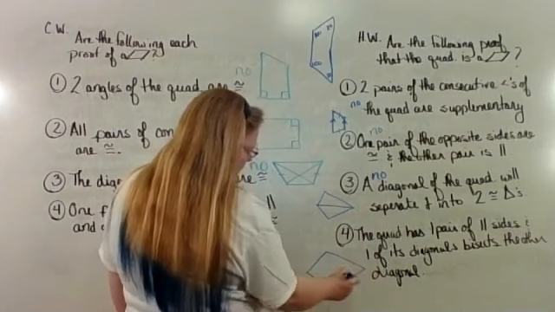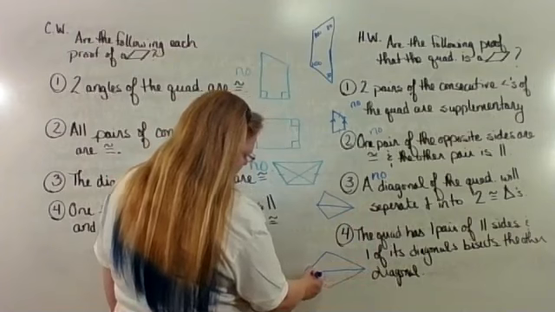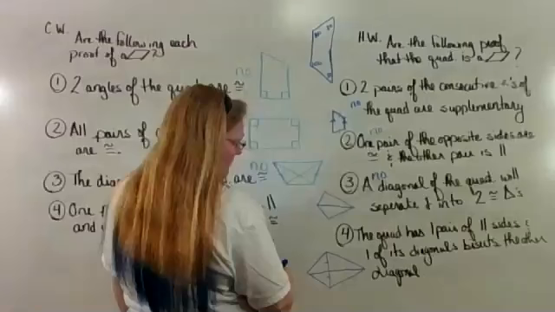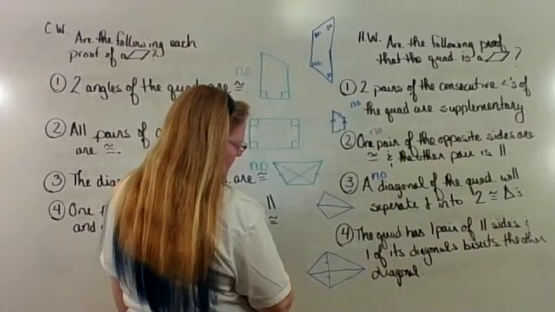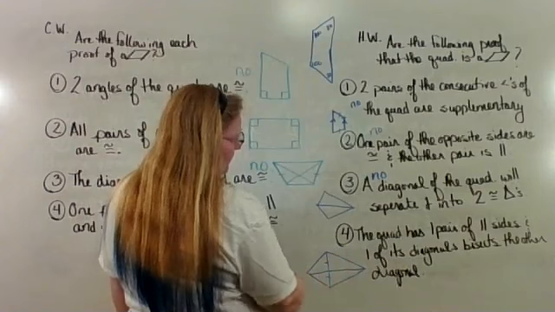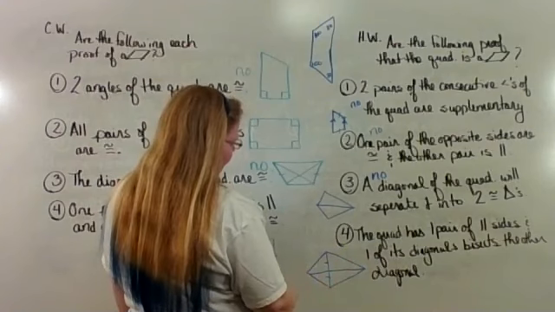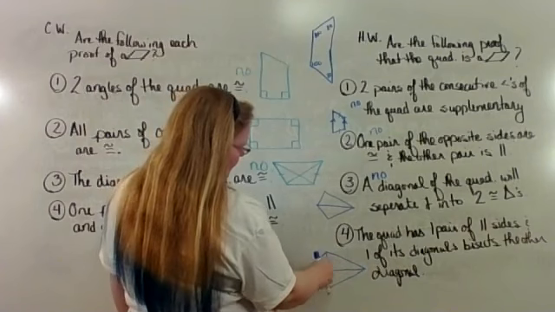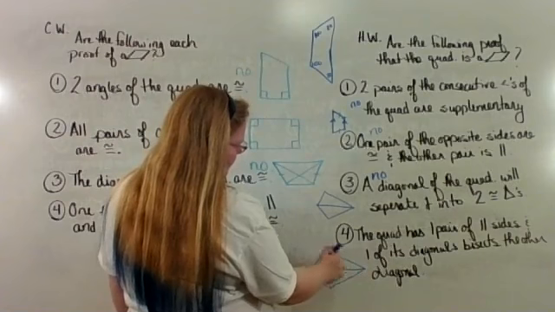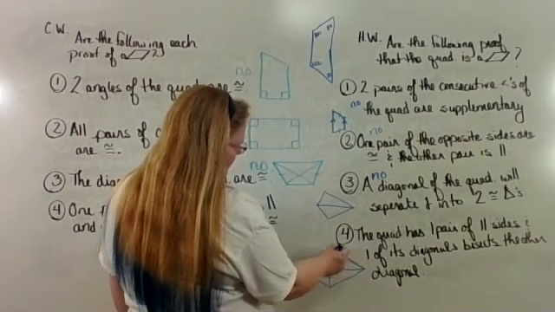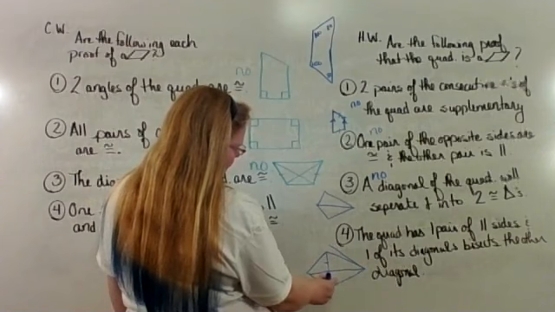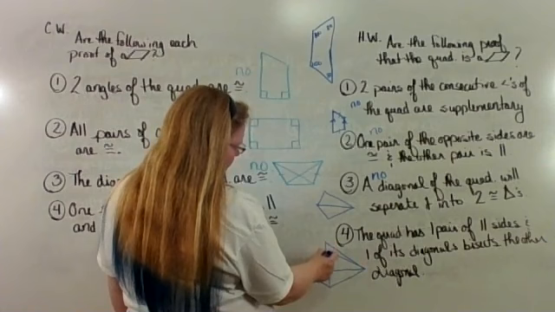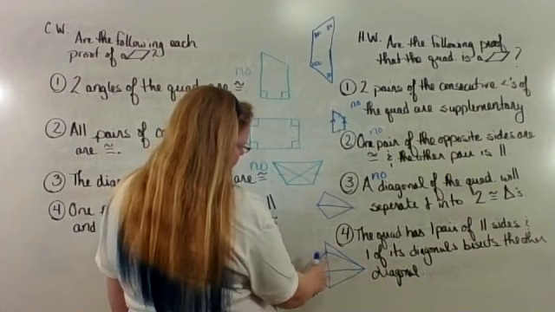Obviously, not a parallelogram. That's one diagonal. And we can say that it bisects that one. But they don't have parallel sides. I don't have any set of parallel sides. When I go to make this parallel, when I stretch it out to make it parallel with that one right there, then its diagonal comes up here and it no longer bisects.